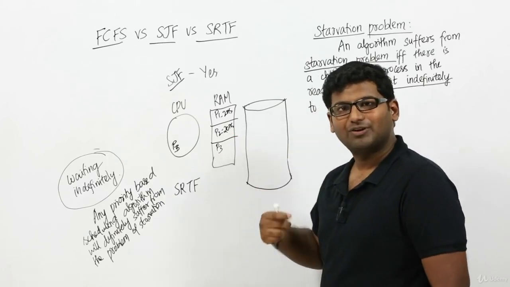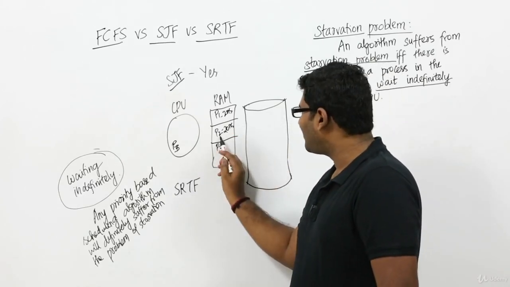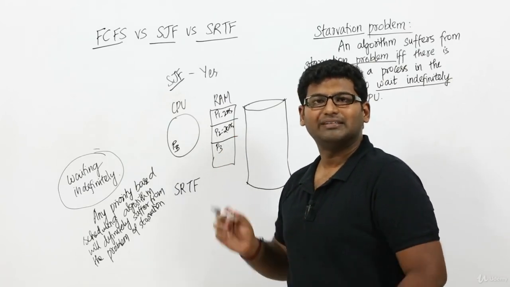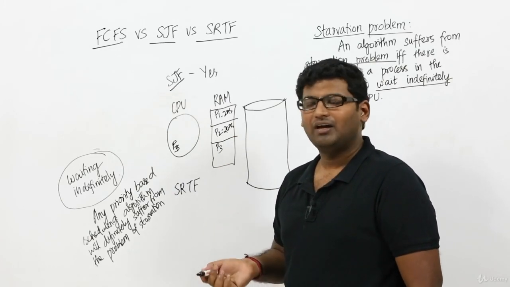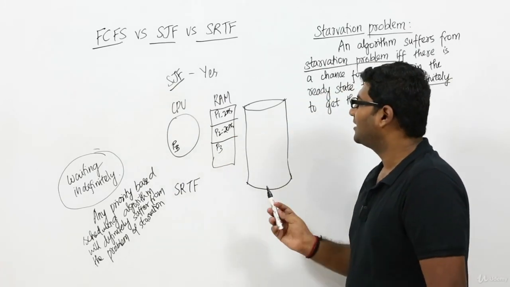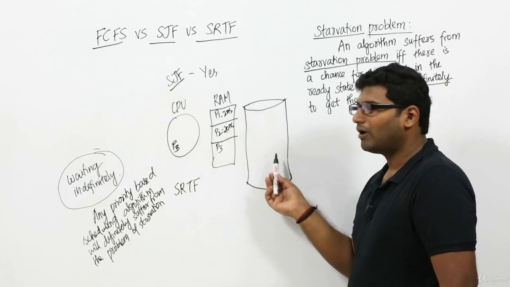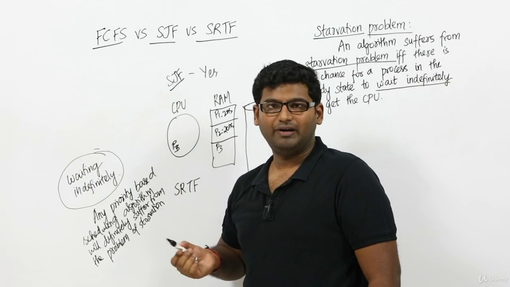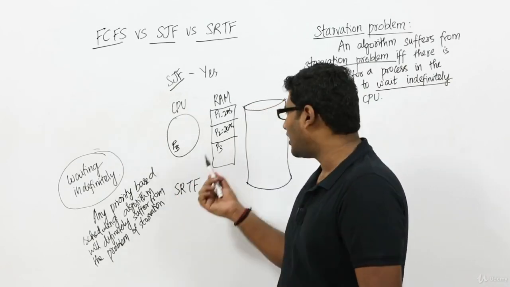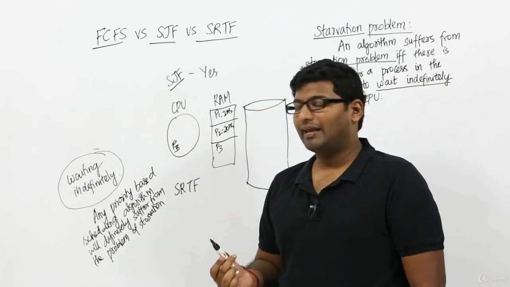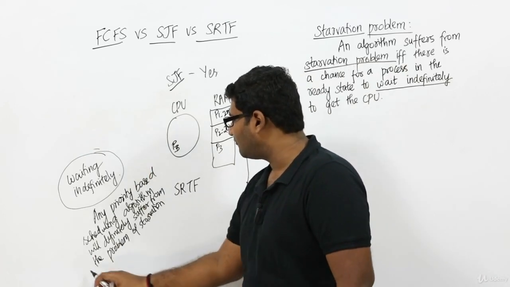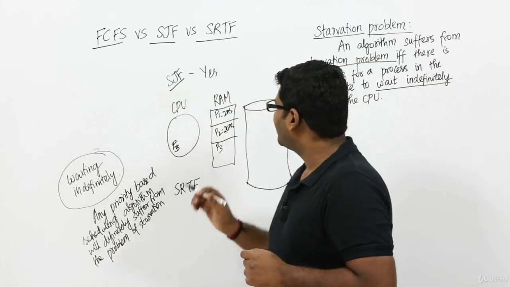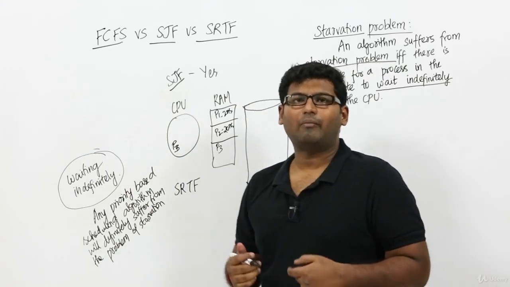So our low priority process is starving, which means it is waiting indefinitely, because higher priority processes are always created from the hard disk and moving into the RAM. That is the reason there is always a possibility of a low priority process starving. That is why we say any priority based scheduling algorithm will definitely suffer from the problem of starvation.